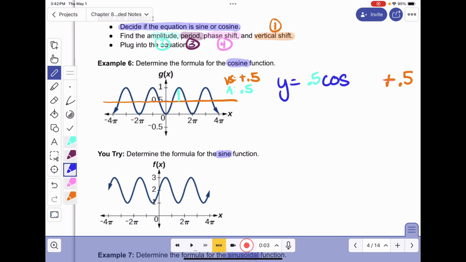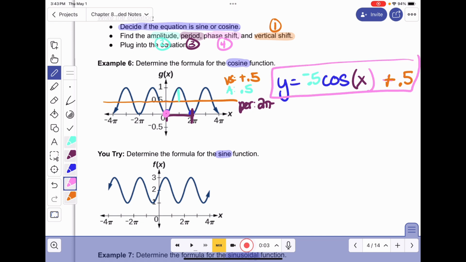And because our curve goes from a minimum to a minimum, that makes our 0.5 negative. The period starts at 0, ends at 2 pi. So that's our normal period, so we don't do anything in front of the x. And our graph starts at 0, so we have no phase shift. That's our equation.